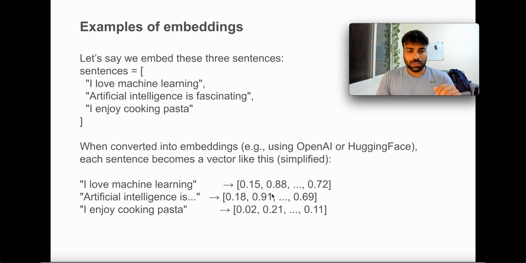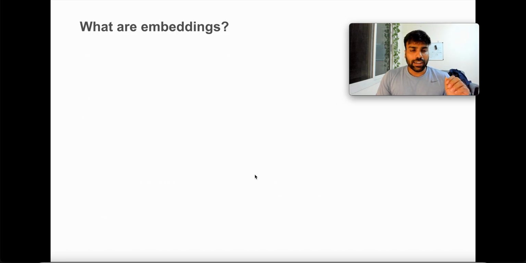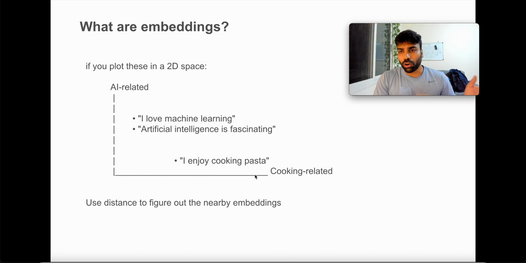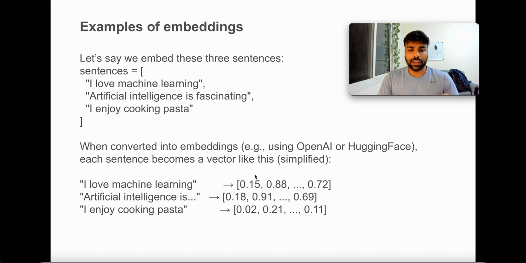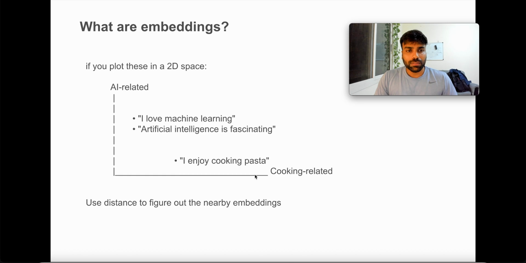Okay, let me simplify this a bit. Let's say I plot these numbers in a two-dimensional space. Previously it was giving n-dimensional vectors, but let's say we have only two numbers in the array, so it's a two-dimensional vector. On the y-axis we have AI related, and on the x-axis we have cooking related.